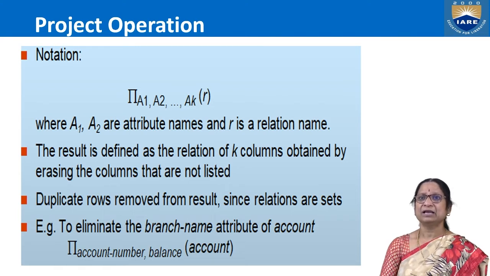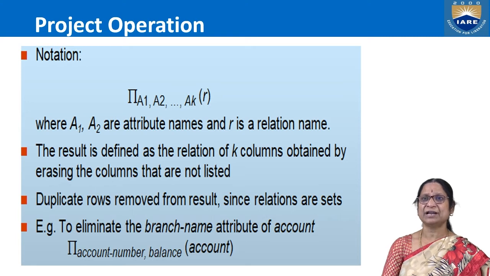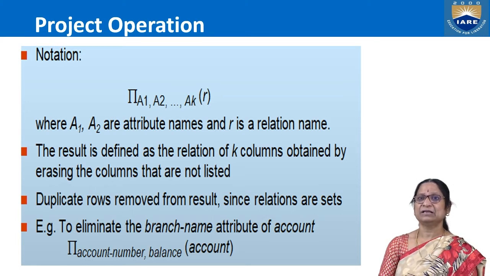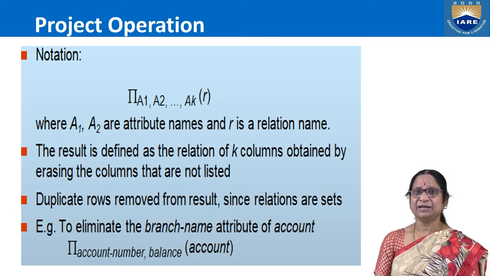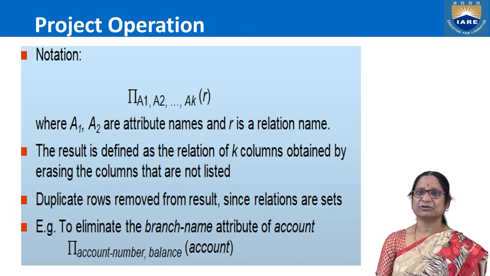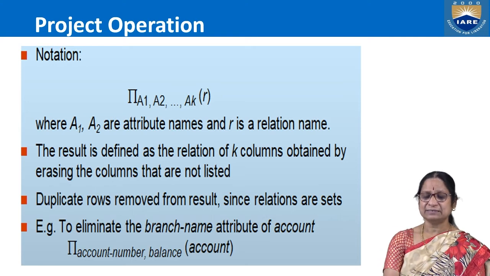These attributes are the names of the attributes in the relation R. It must be available in R only. The result is defined as the relation of k columns obtained by erasing the columns that are not in the list actually. Duplicates are removed from the result since the relations are sets.